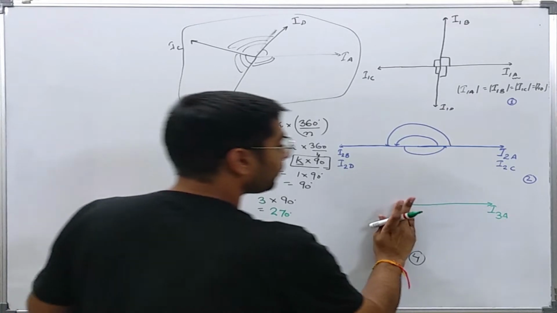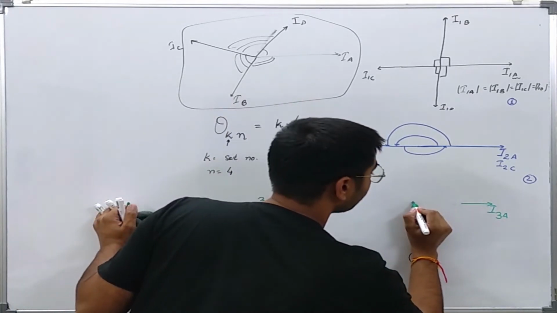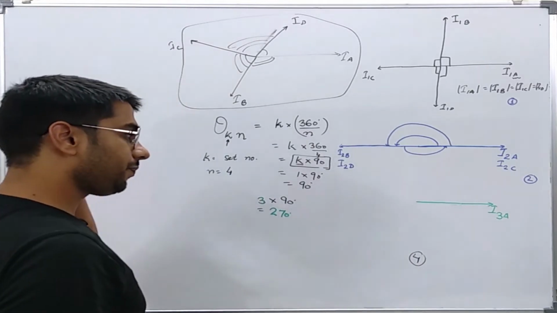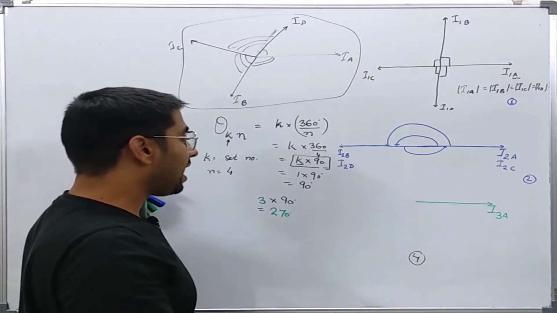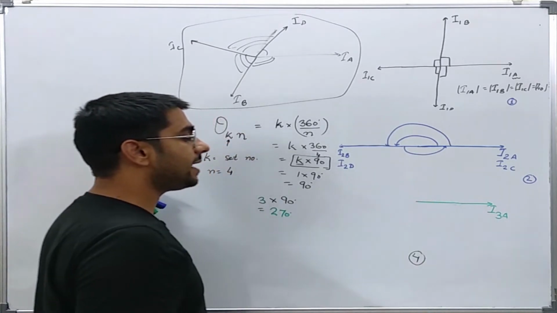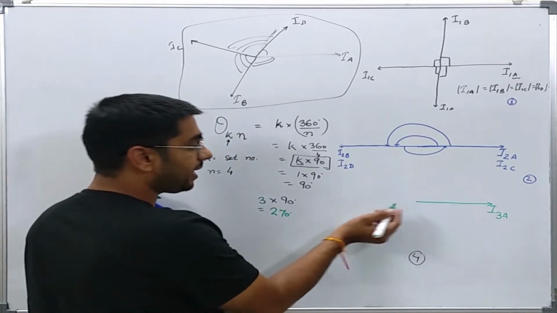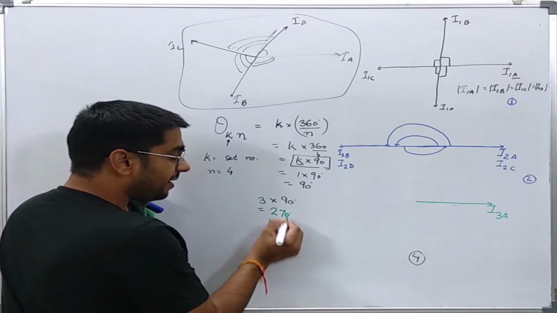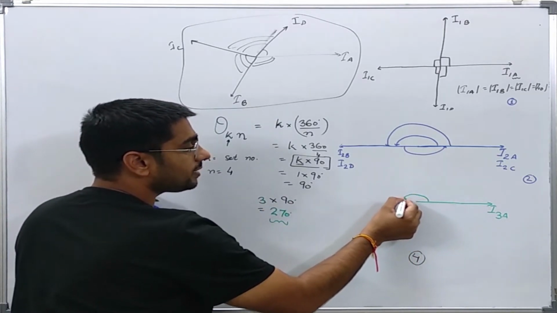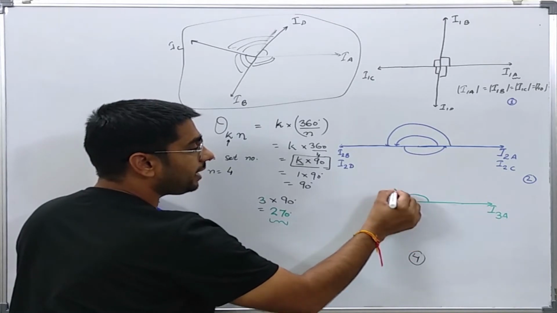Okay. Now what I will do, I will try to draw the phasor for the phase B in the third set. Now that phasor will be having a phase difference of 270 degree with respect to this phasor. So this angle will be 270 degree.